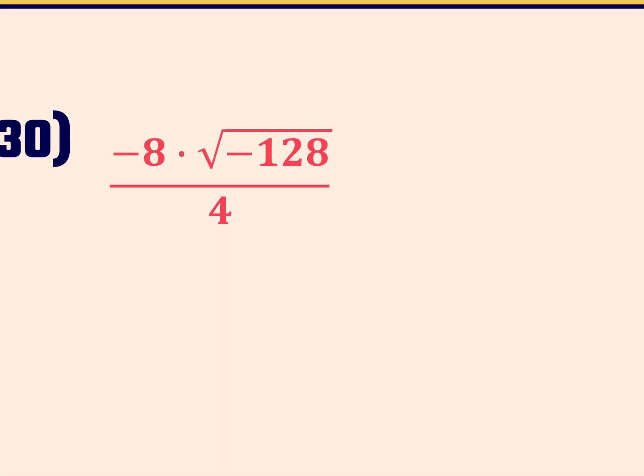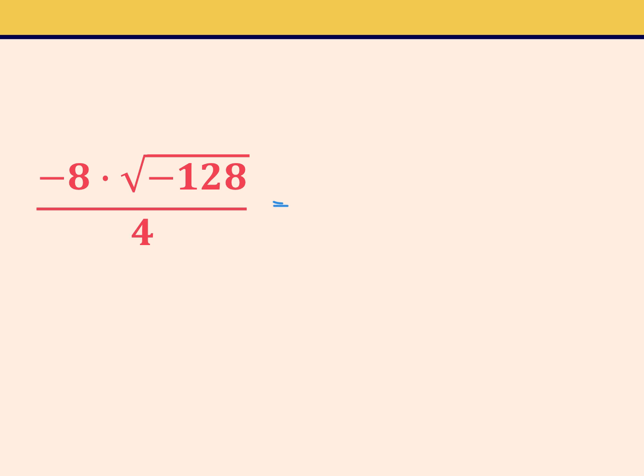All right? What should I do first in 30? Take out what? The negative, right? So I have negative 8 times negative 1 times the square root of 128 all over the whole number 4. Everybody with me? Okay.